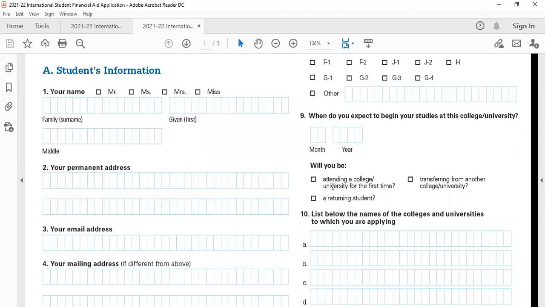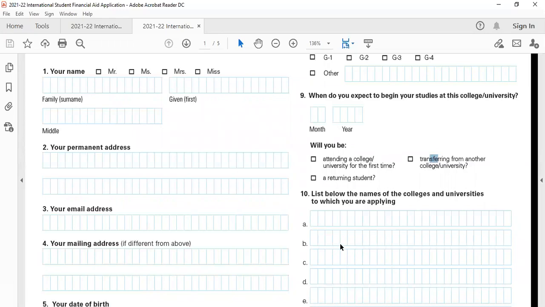Will you be attending a college or university for the first time? I believe for most of you, that will be the option. Yes, you will be attending a college or a university for the first time. For some of you who are transferring from a different university, you'll select option B. List the names of other colleges and universities you are applying to.